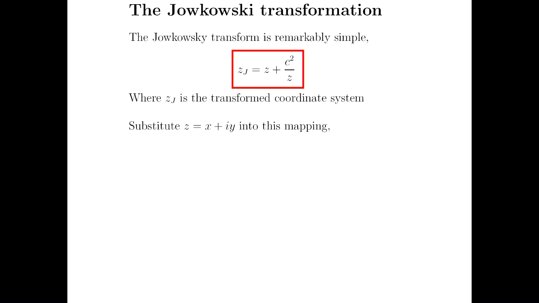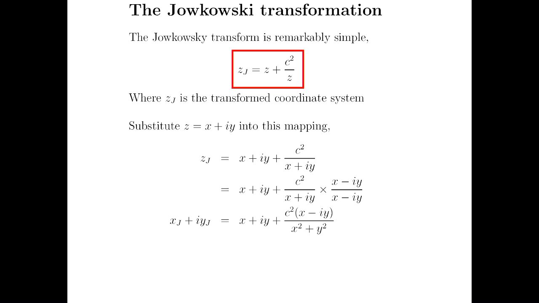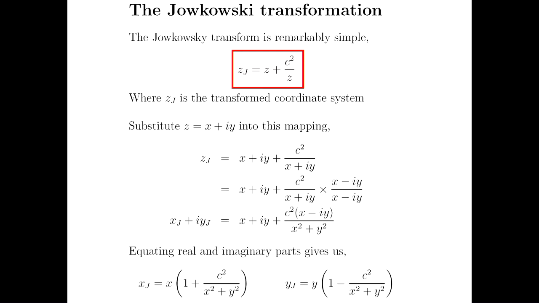Now if I substitute Z with x plus iy, and multiply this term by the conjugate x minus iy, I can split up these terms into real and imaginary parts.